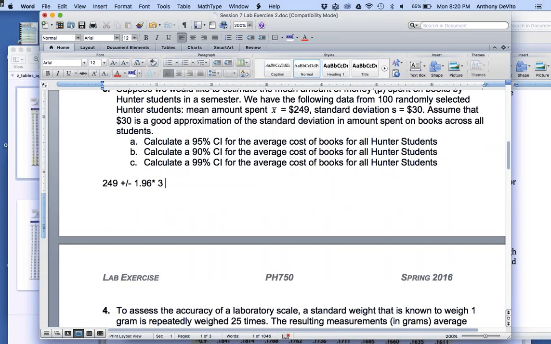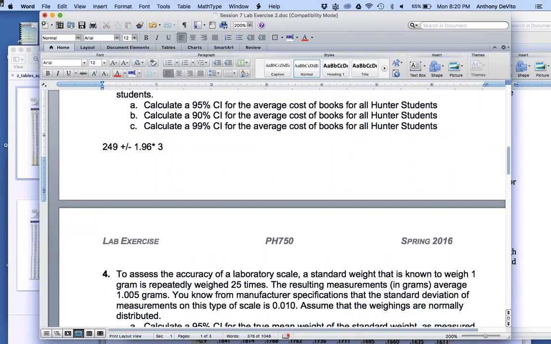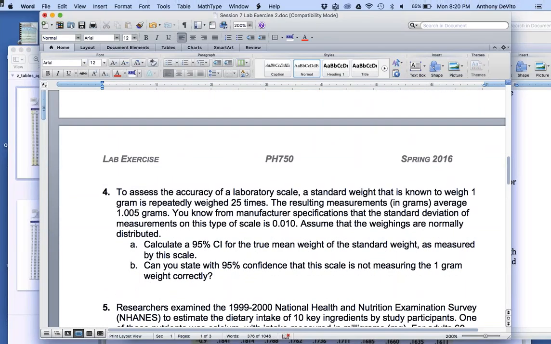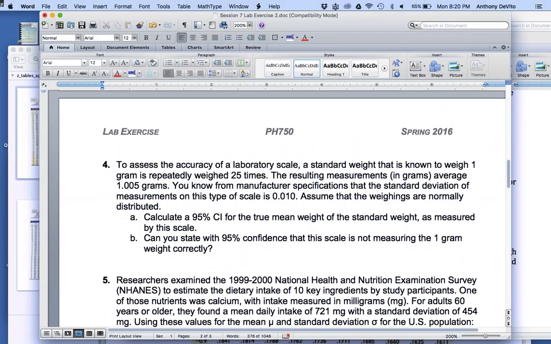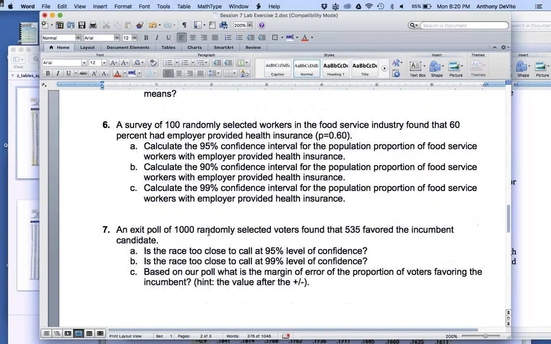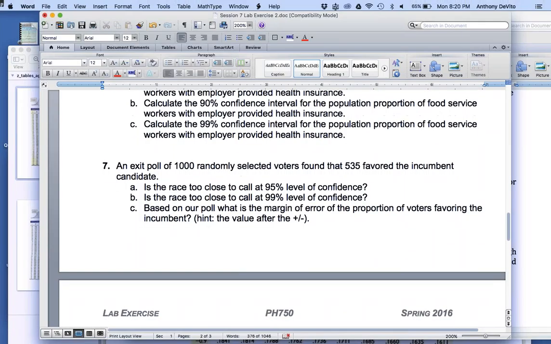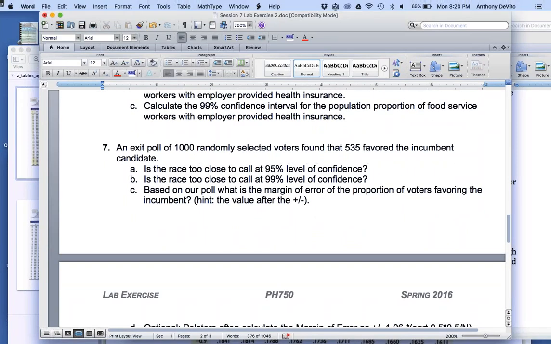So you're more confident, you're 99% confident that within that range is the true population mean. Now let's say that we wind up with a sample that's pretty small. What do we do in a case like that, where we don't have a sample that's big enough? Before we get into that, let's talk about proportions.